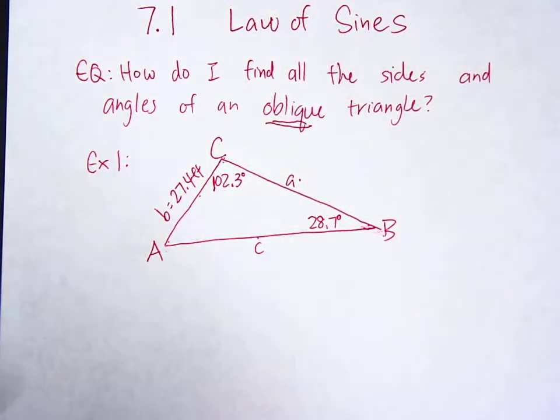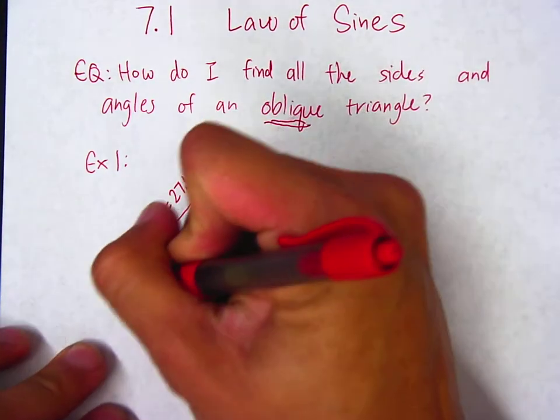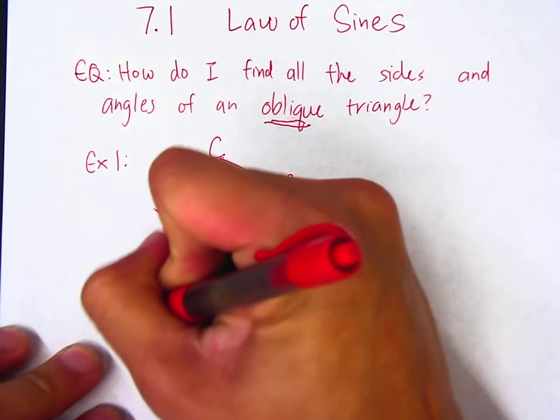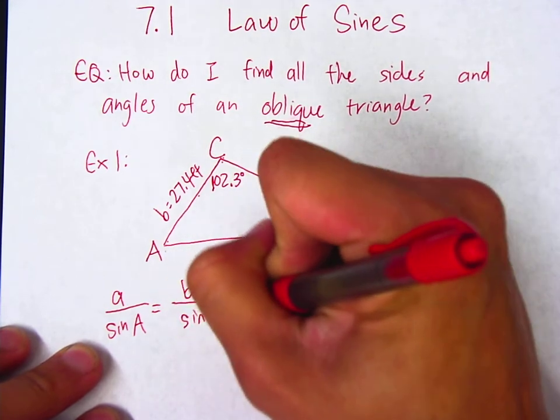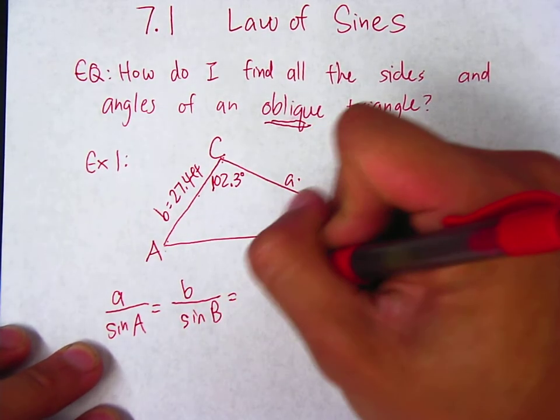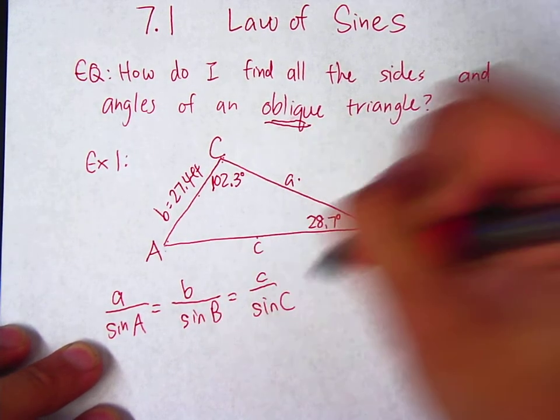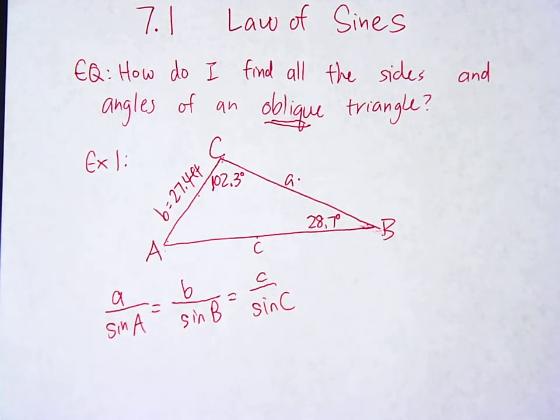Okay, so my original equation is A over sine A equals B over sine B equals C over sine C, and by the way, we're all in degrees. I'm just going to use the information I know to figure out whatever I can get.